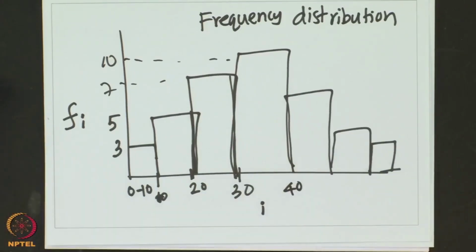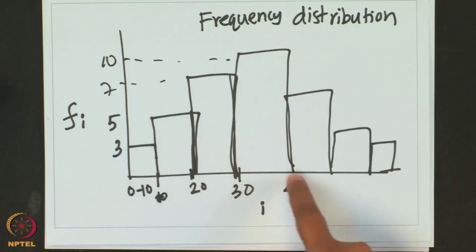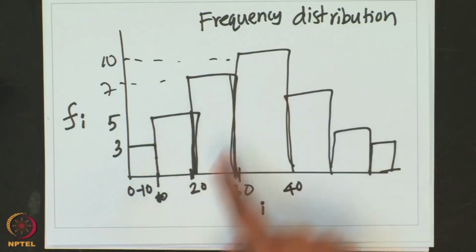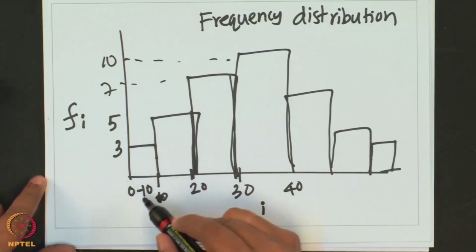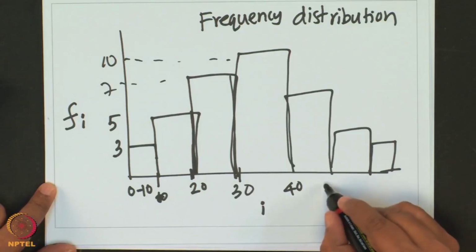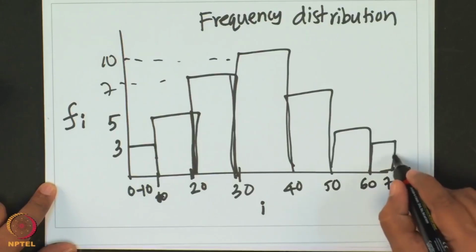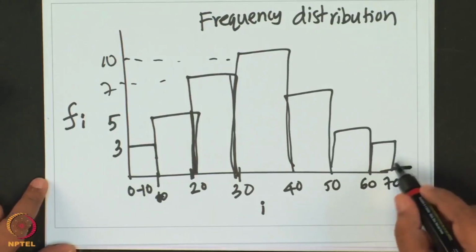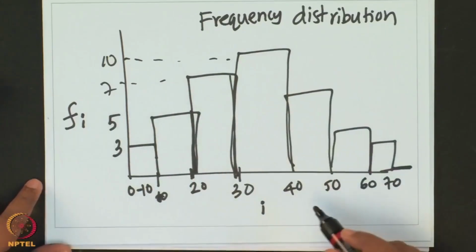This immediately tells us that most of the numbers fell between 30 and 40. Very few fell between 0 and 10, and very few fell between 50, 60, 70. Between 60 and 70, very few fell, and beyond that there was nothing. There is no number above this, for example. This is one example I am plotting.